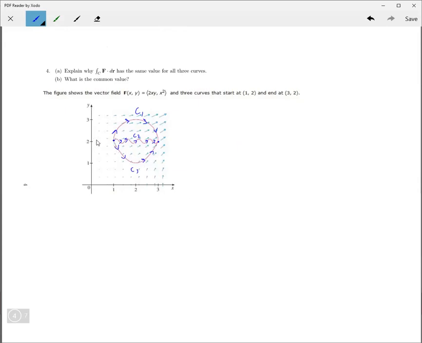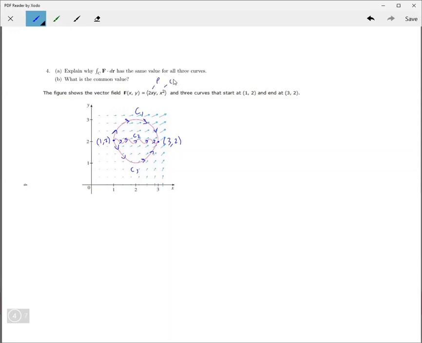Okay, and so it starts at 1, 2, and ends at 3, 2. And so part A says explain why it has the same values for all 3 curves.